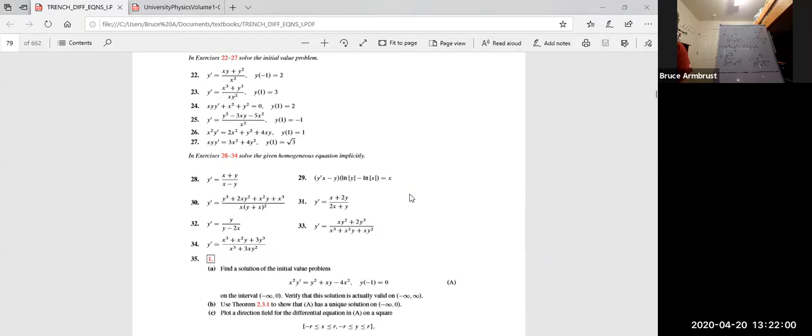So implicit means we don't care about solving for y. We just want to get something that relates x and y that's a solution. So I'm going to go ahead and write this up on the board, and then we'll switch it back to the board.